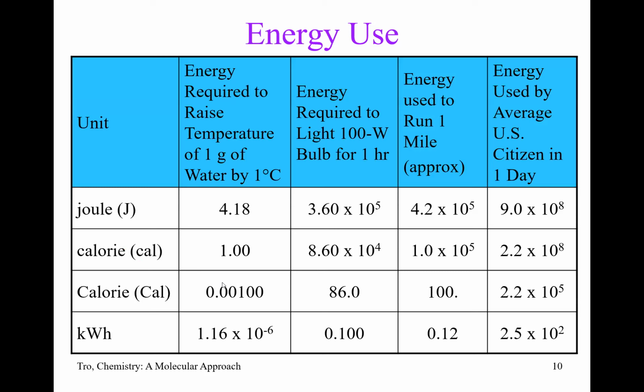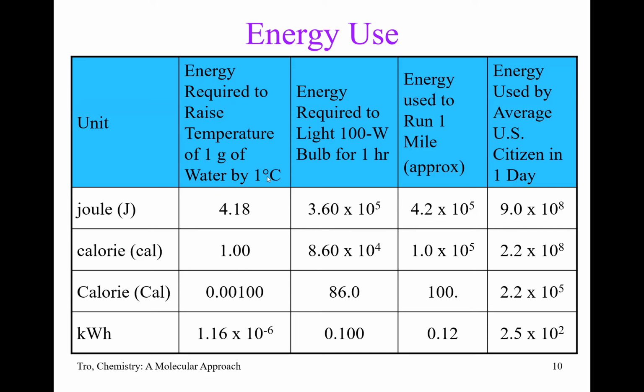Okay, so where these things come from and sort of the size. The joule and the calorie are the most common ones. The Calorie with the capital C is the one that we put on food. The lowercase calorie, the science one, is a pretty small value: the energy required to raise the temperature of 1 gram of water by 1 degree.